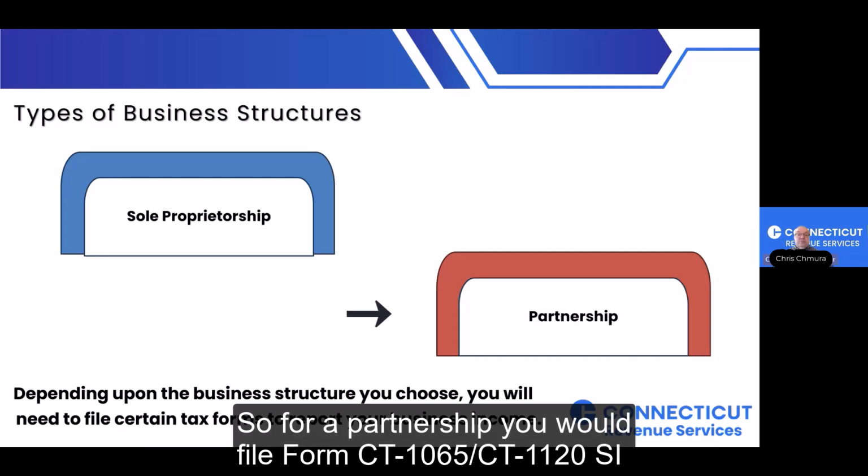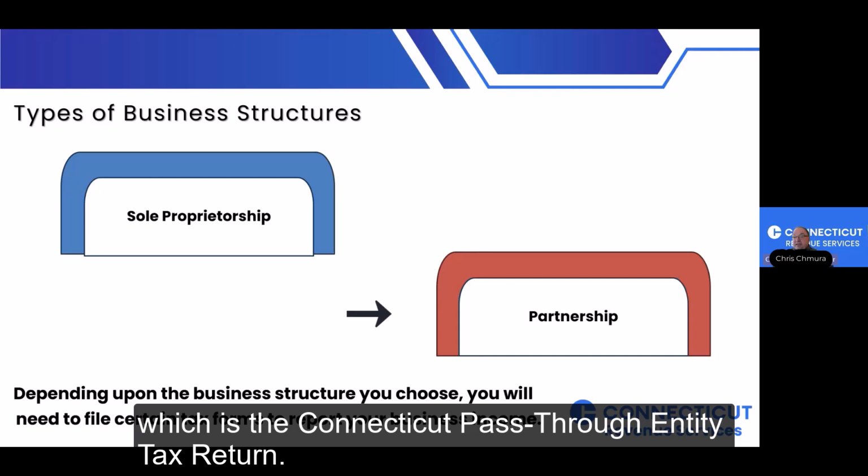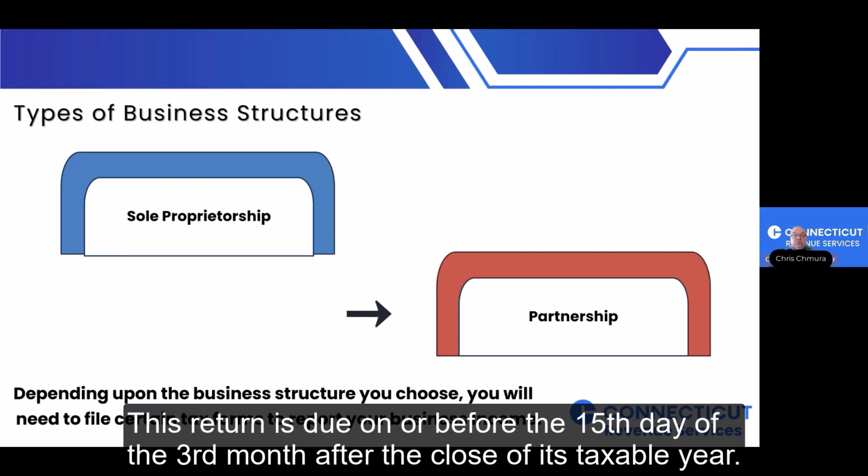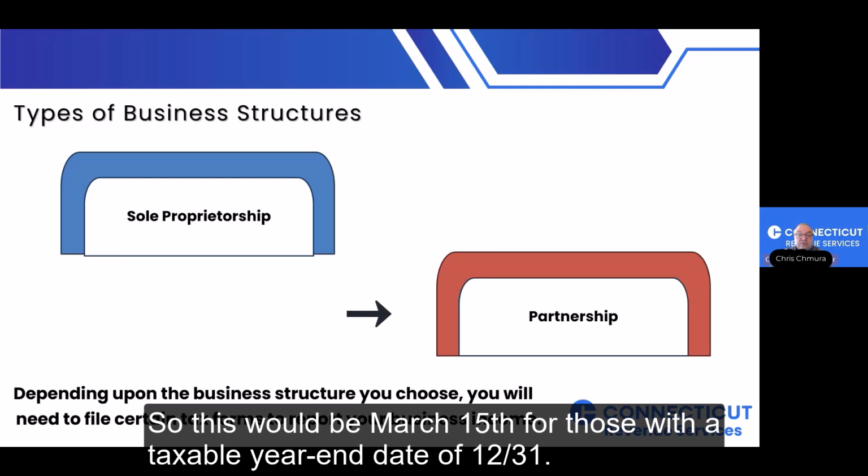So for a partnership, you would file Form CT-1065/CT-1120SI, which is the Connecticut pass-through entity tax return. Now, this return is due on or before the 15th day of the third month after the close of its taxable year. So this would be March 15th for those with a taxable year-end date of 12/31.